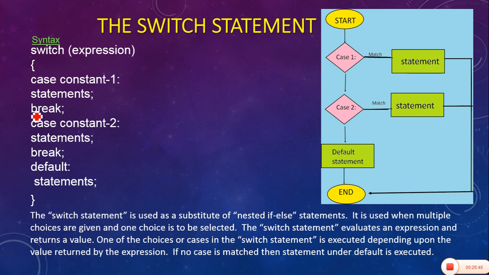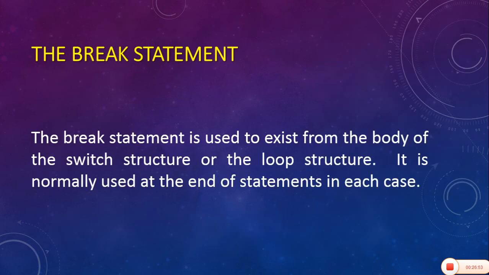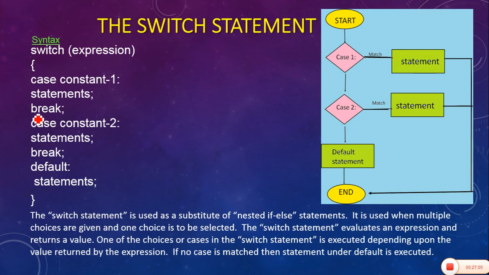It is also used to terminate the sequential execution of the statements. When the break statement is used within the body of the switch structure or within any loop structure, it normally ends that statement. It means that if this condition matches, then this statement will be executed, and when the control comes to the break statement, it will terminate the switch structure and the program comes to an end.